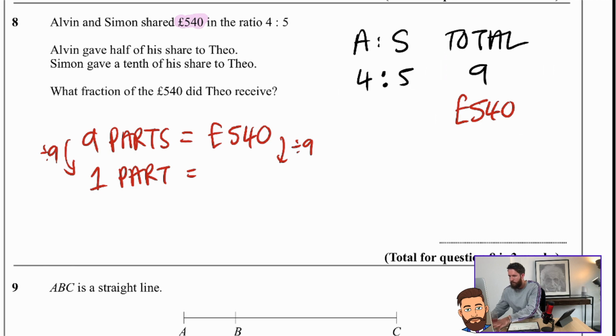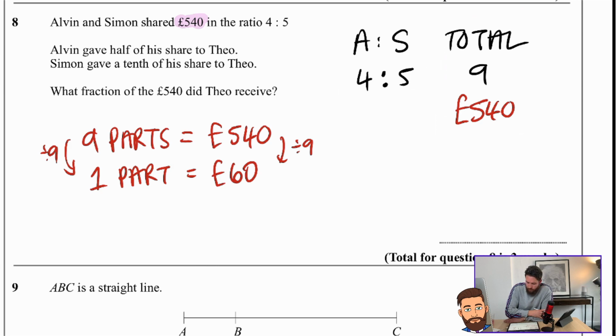Okay, so hopefully you can fill in what Alvin and Simon get, and if you read the question, there's a little bit more to it. So 1 part, hopefully you found 1 part is £60, because 9 into 54 goes 6, so 9 into 540 goes 60.